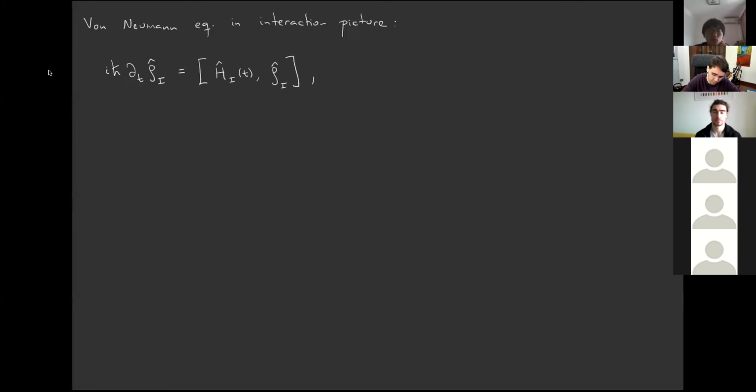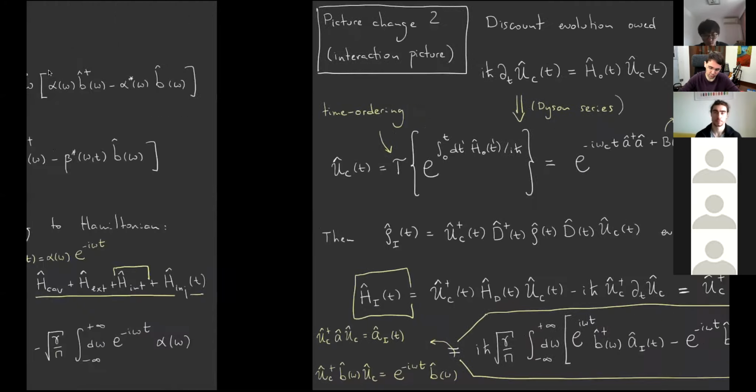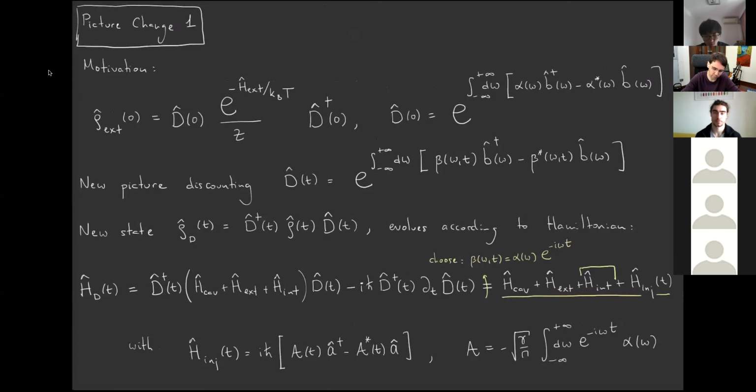And what's important as well is the initial condition. The initial condition of the state in the interaction picture is equal to whatever initial state you have in the cavity. This is not so relevant, as you will see. What is relevant is the state of the environment, and for that you just have to look at the picture we come from.